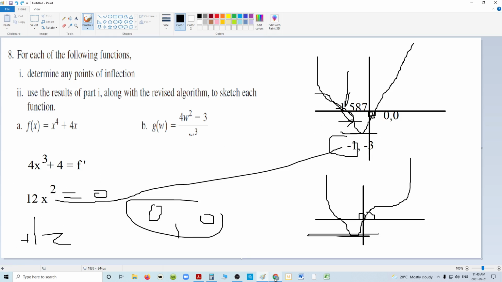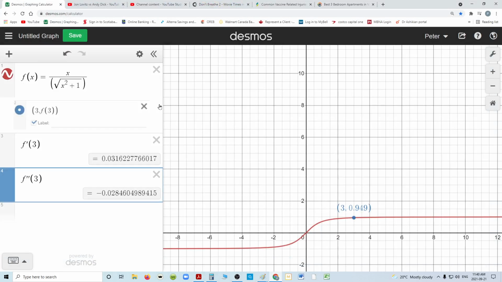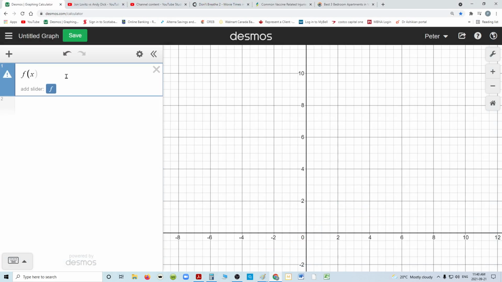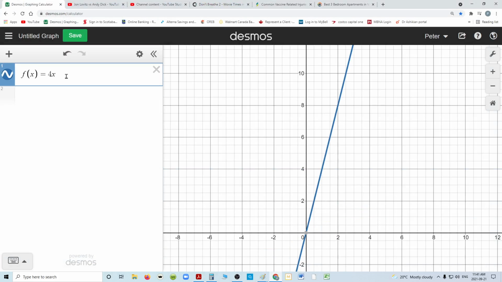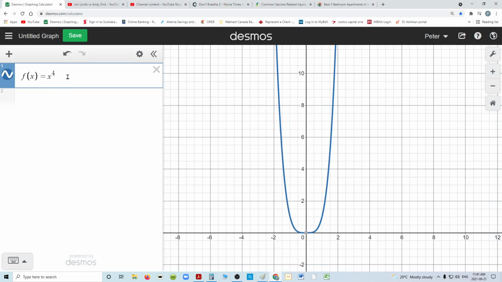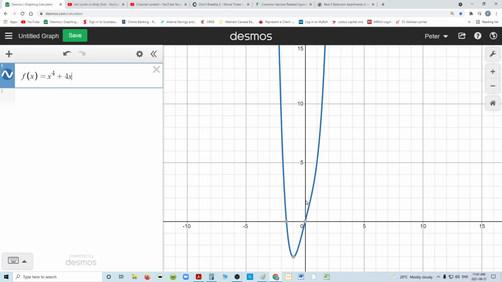Let's sketch it, see what's going on. Okay, yeah, it does do this weird wiggle thing here. See how it's hard to see it visibly.